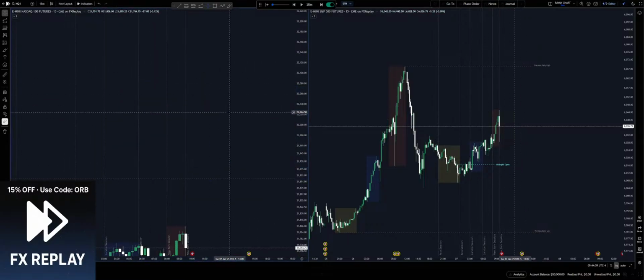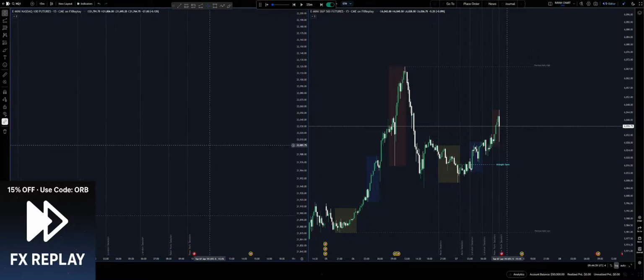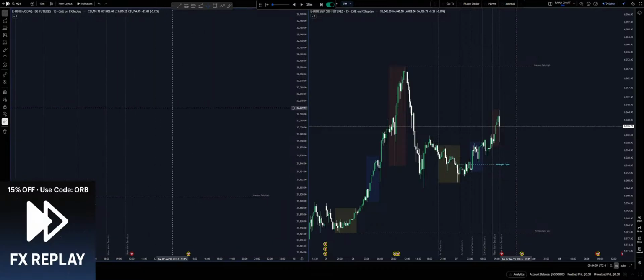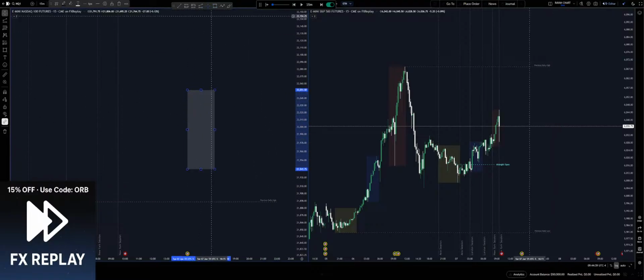The strategy is very simple. It's my first ORB, the latest 2026 ORB model, but this is about 90% reversals, probably 10% continuation. So we wait for the 9:45 candle to form.